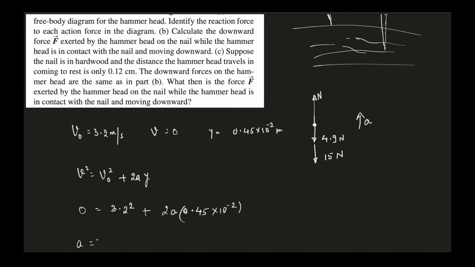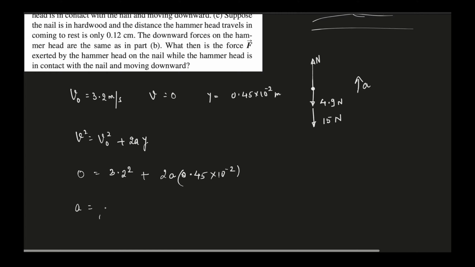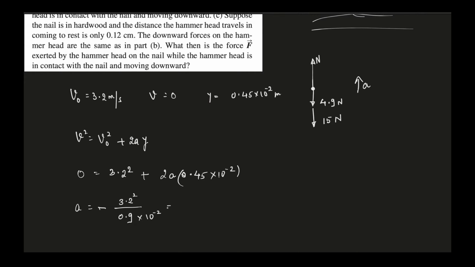Your acceleration will be equal to minus 3.2 square over 0.45 into 2, which is 0.9. How much would this be?